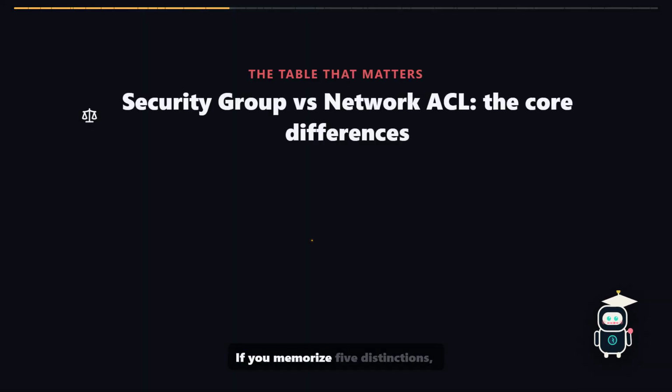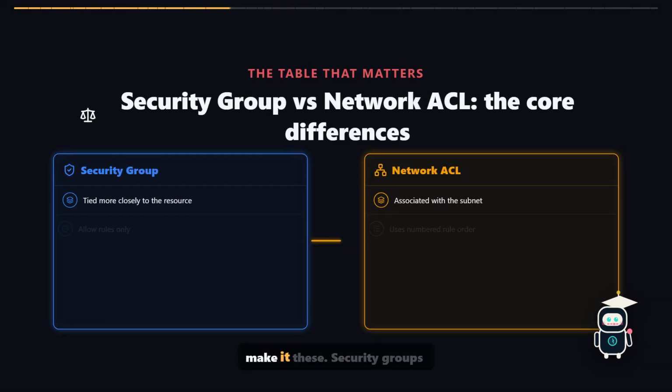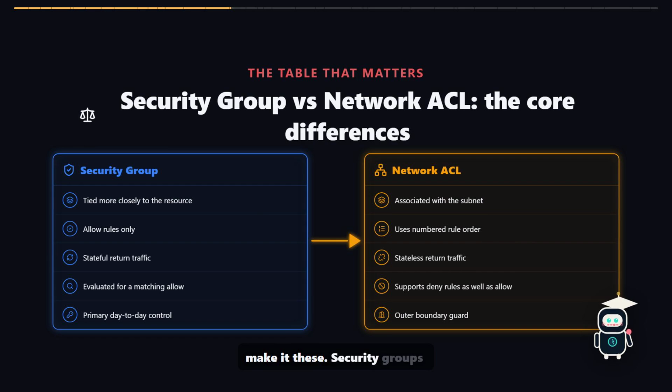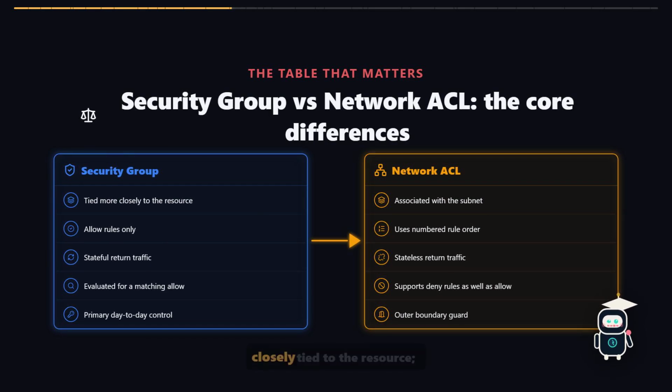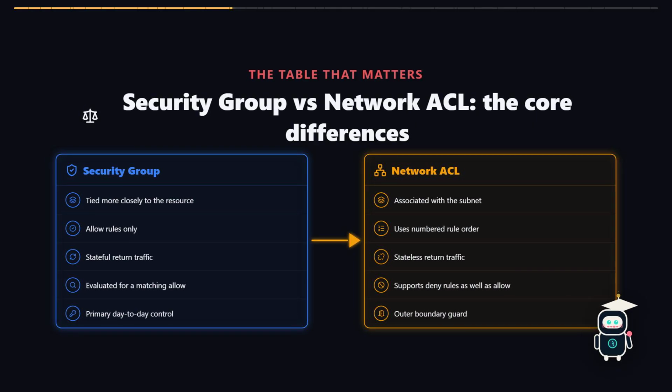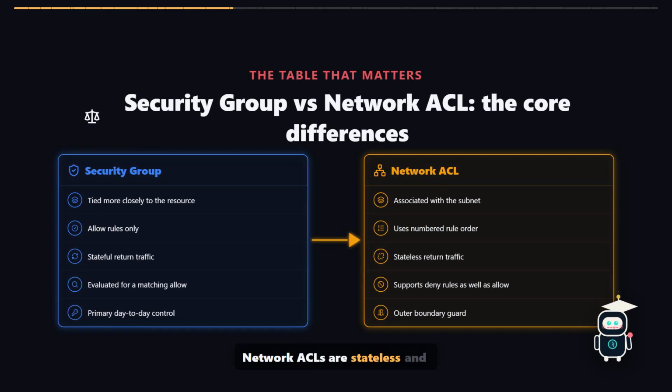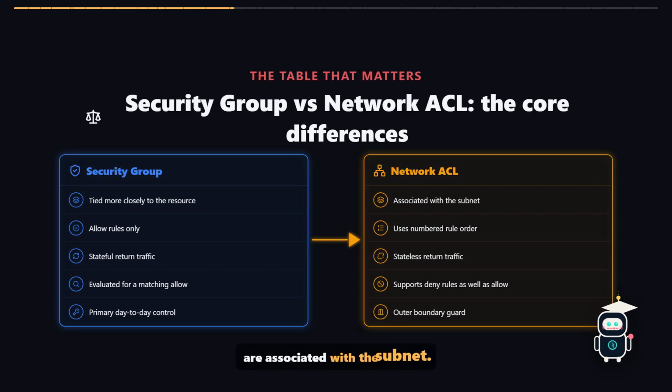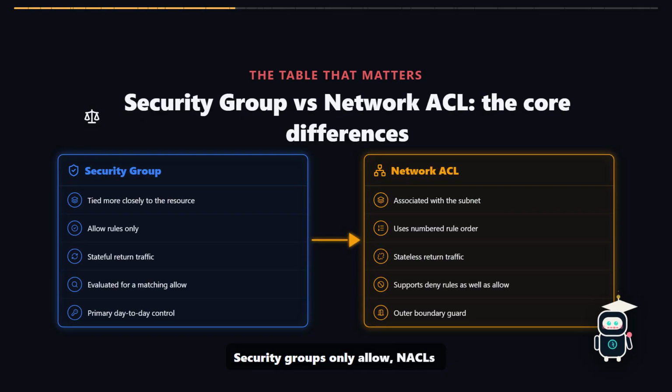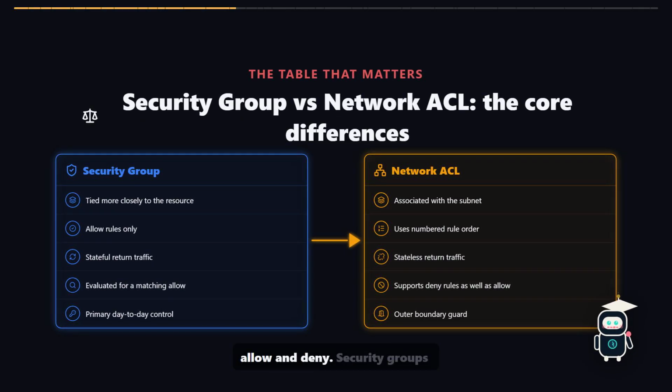If you memorize 5 distinctions, make it these. Security groups are stateful and are more closely tied to the resource. Network ACLs are stateless and are associated with the subnet. Security groups only allow, NACLs allow and deny.